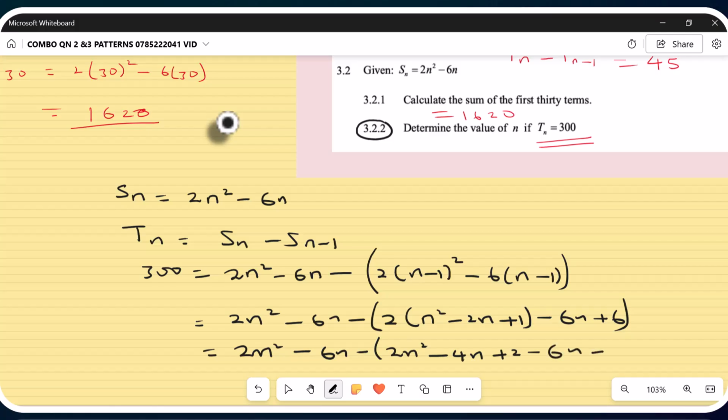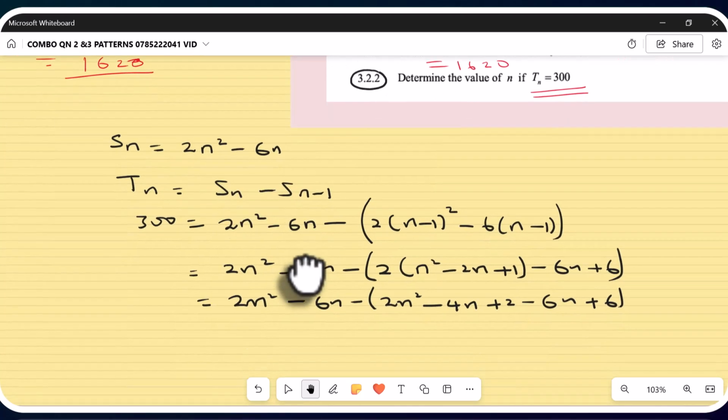Now this one must be equal to 300, don't forget. So here, the 2n squares cancel out. The negative 6n and the positive 6n cancel out as well. So now I'm left with 4n minus 2 minus 6.